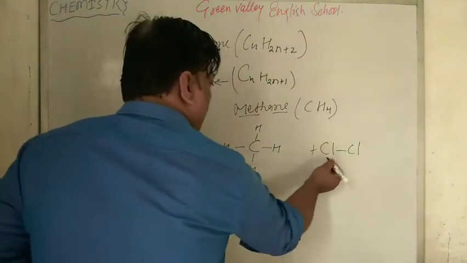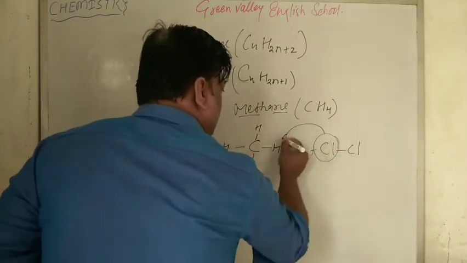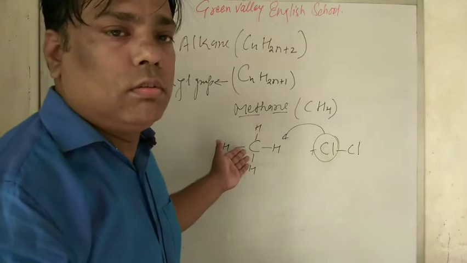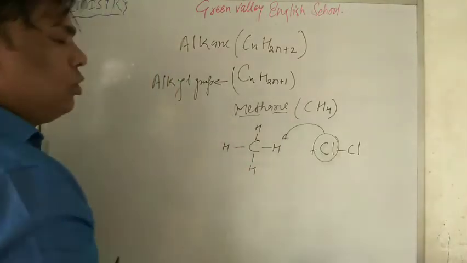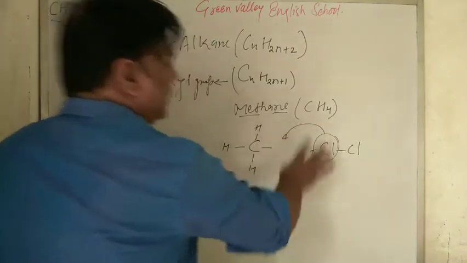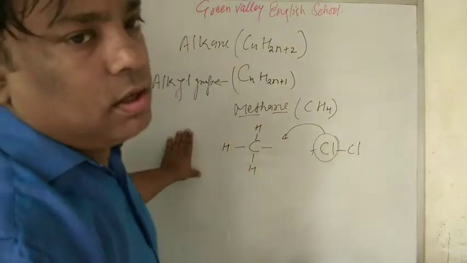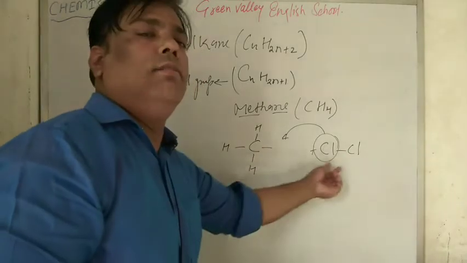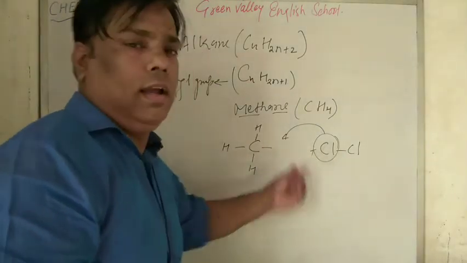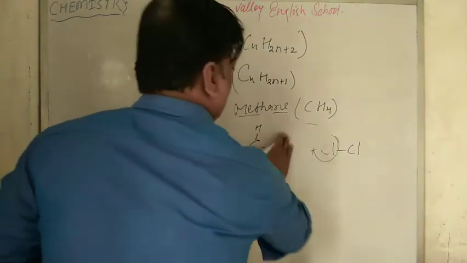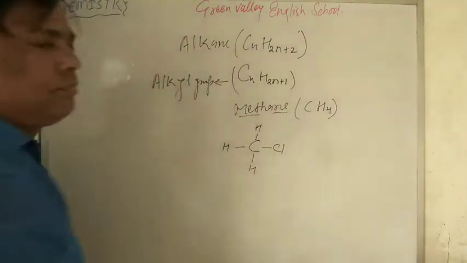What will happen if I want to add this Cl? There is no free electron. So what to do? First I need to remove one hydrogen from this alkane. If I remove one hydrogen, then any group can be added, chlorine or another functional group.